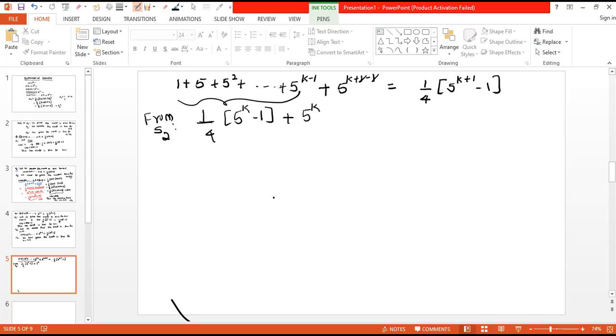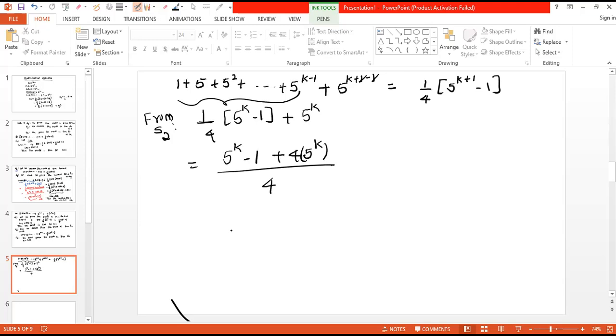So now let us simplify this particular result. This will be equal to, you can see 4 is the LCM, so this will be 5 to the power k minus 1 plus 4 times 5 to the power k, divided by 4.